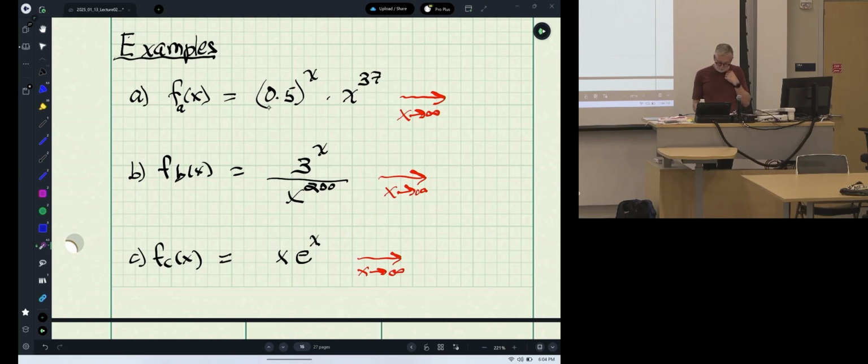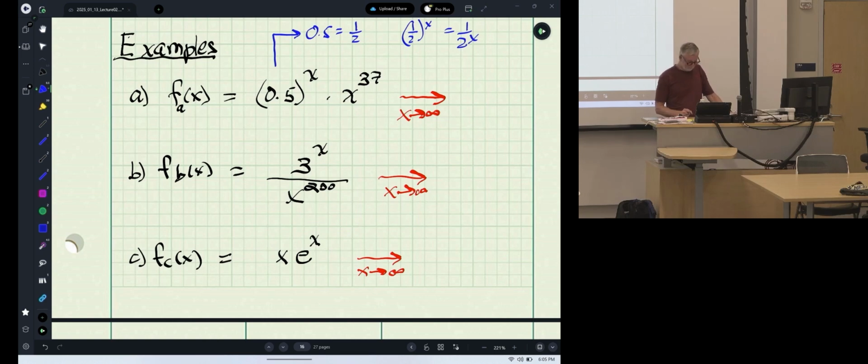Then I put a less than 1, a bigger than 1, a bigger than 1 here. And I will give a hint that 0.5 is 1 over 2, and 1 over 2 to the x is 1 over 2 to the x, right? So maybe that'll help you out, just in case.